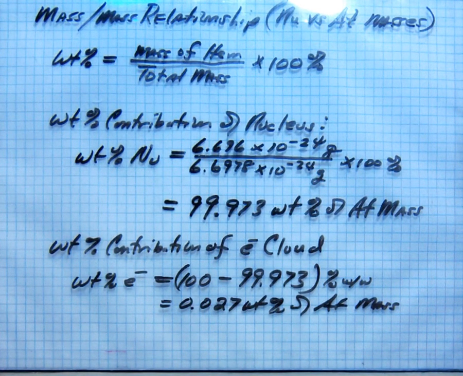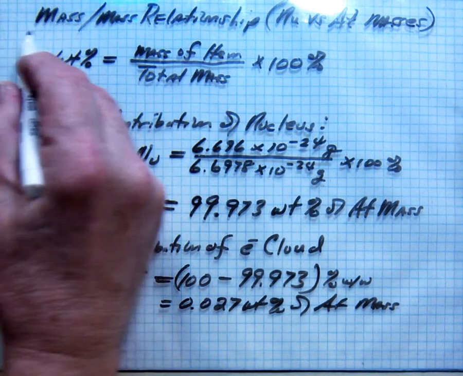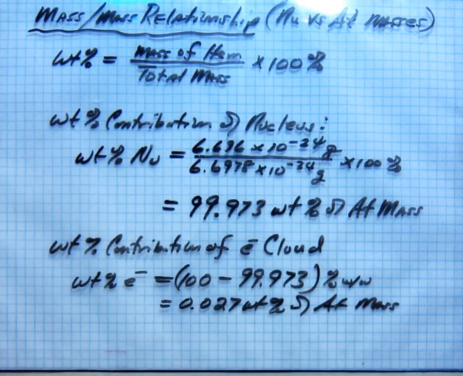So when you look at the periodic table and you want to talk about atomic masses, the atomic mass on the periodic table is considered to be only neutrons and protons, in terms of mass, because of this classic derivation right here. So that was mass relationships.